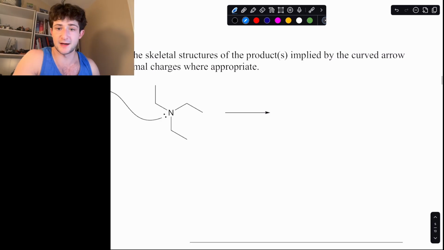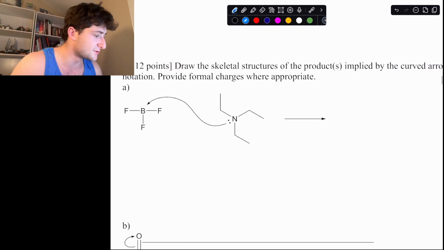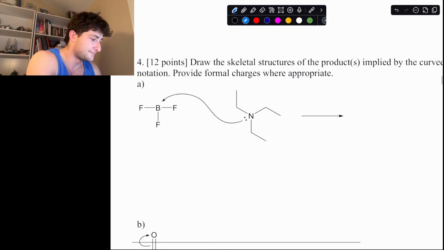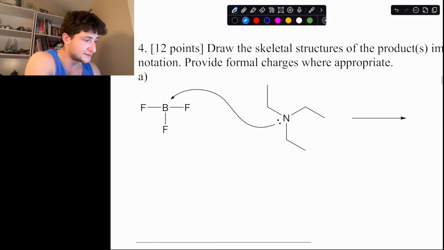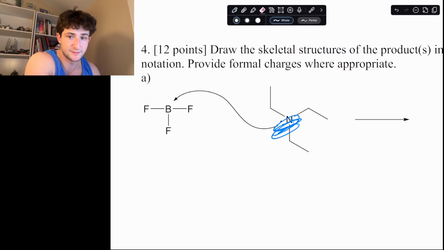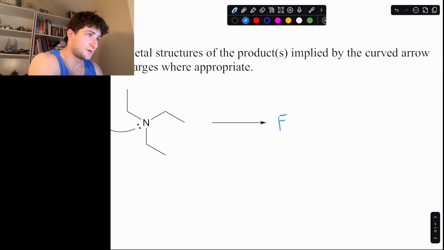Alright. Next we got skeletal structures. These are barbecue chicken. If you don't know how to do these, I don't know what to tell you. So we see the electrons over on this nitrogen are being attached to this boron. So let's just draw the molecule as it was.